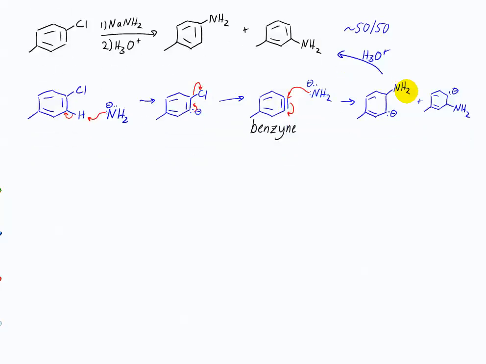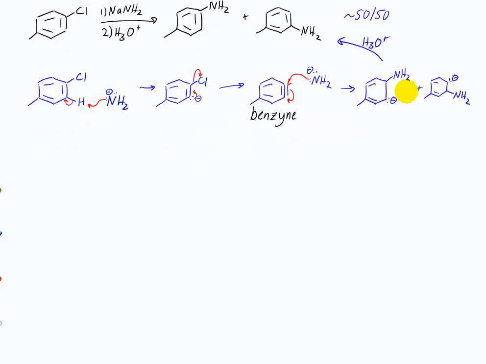Now, how do we know about benzyne? Well, what you can do is in this reaction, you can actually put in a Diels-Alder diene, and you can trap it. So you can take benzyne and use it in a Diels-Alder reaction.